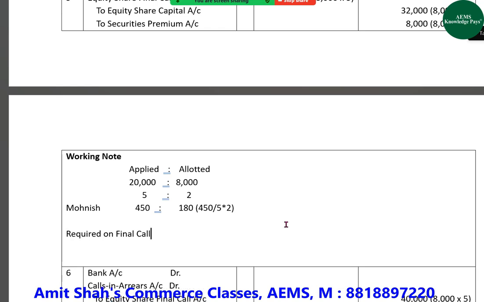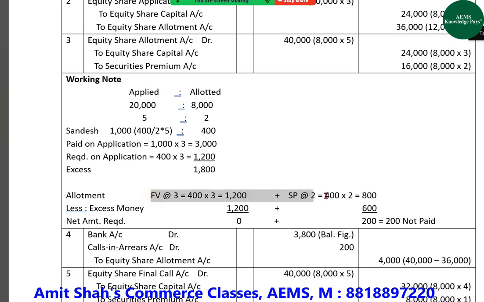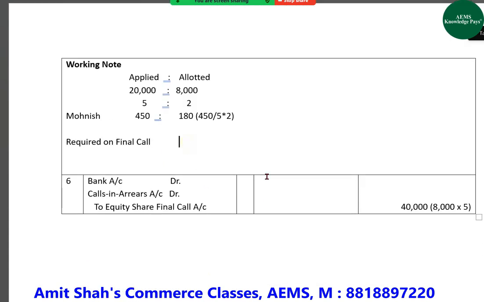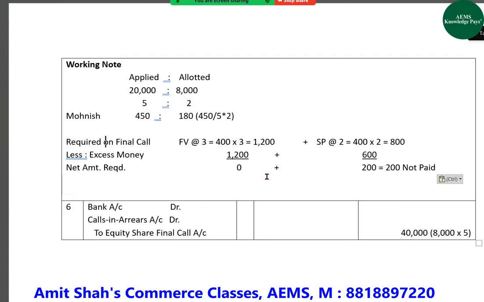From him the money required on final call is face value at the rate of rupees 4 per share on his 180 shares, that is rupees 720, and securities premium at the rate of rupees 1 per share on his 180 shares, that is rupees 180.